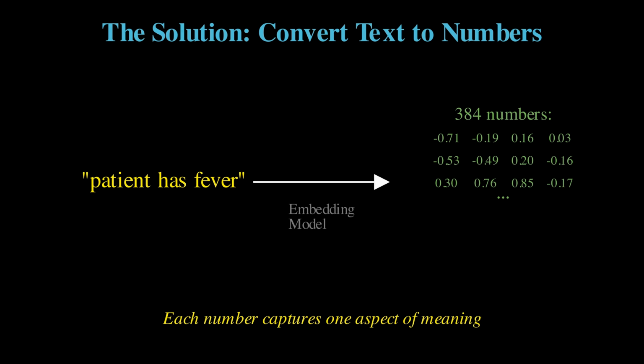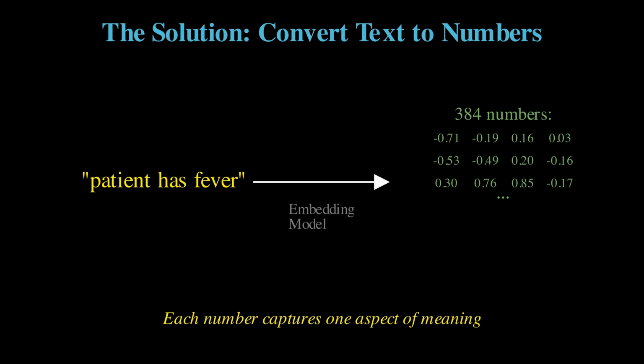Now 384 is a magic number. I will explain it later. For now, just know this is the dimension size and it's decided by the model's architecture we use for the embedding. Different models have different dimensions like 384, 512 and so on.